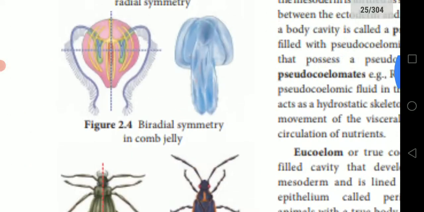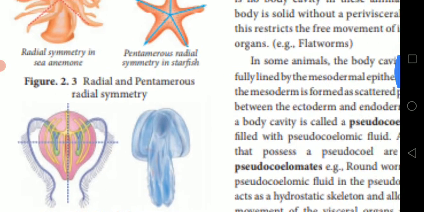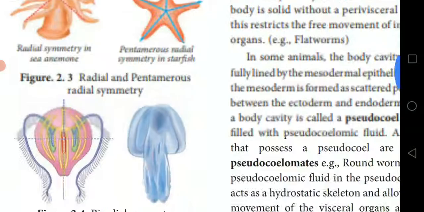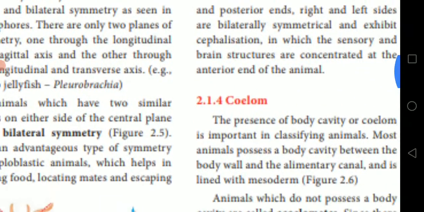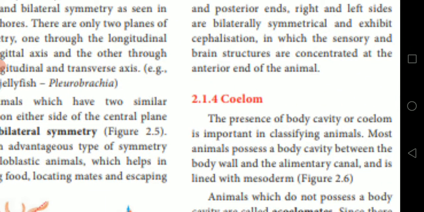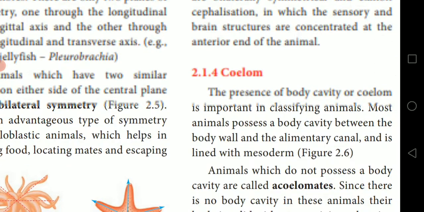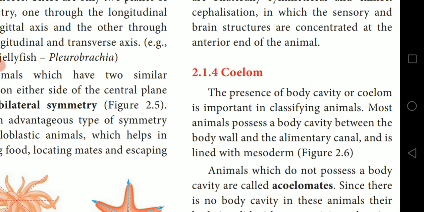Yet to complete this; the next topic is radiata. This topic will start in the next video class. Today we have started the classification of kingdom Animalia, and completed segmentation and notochord.